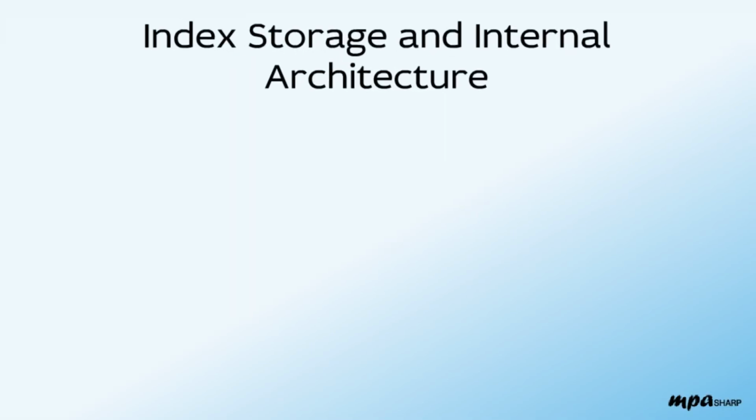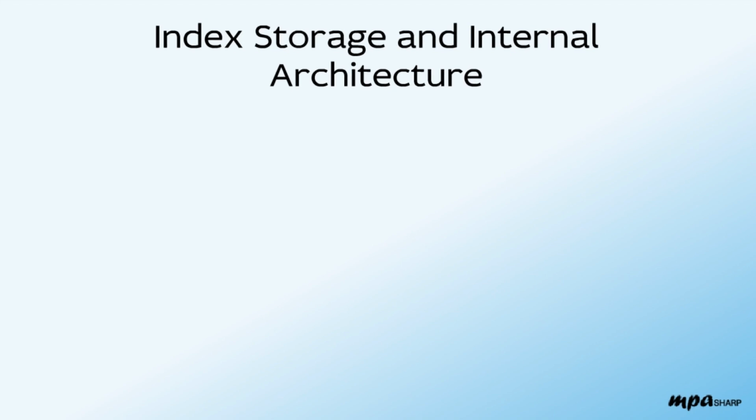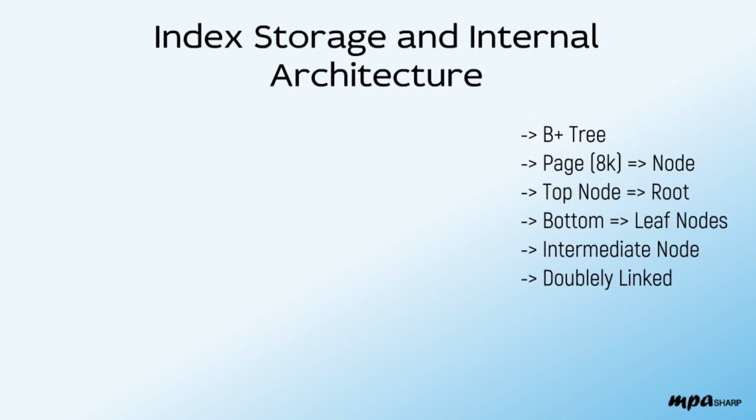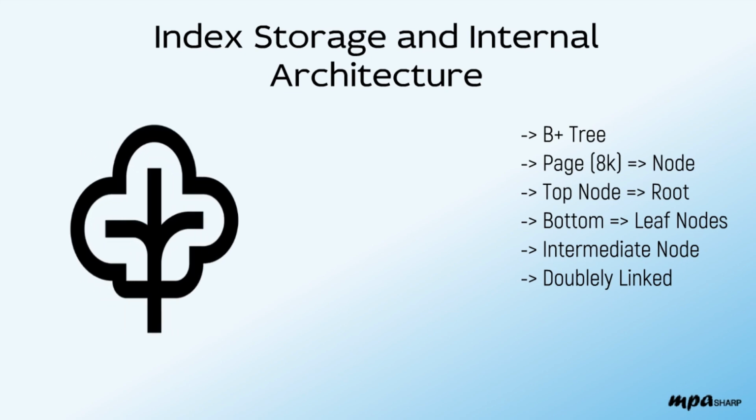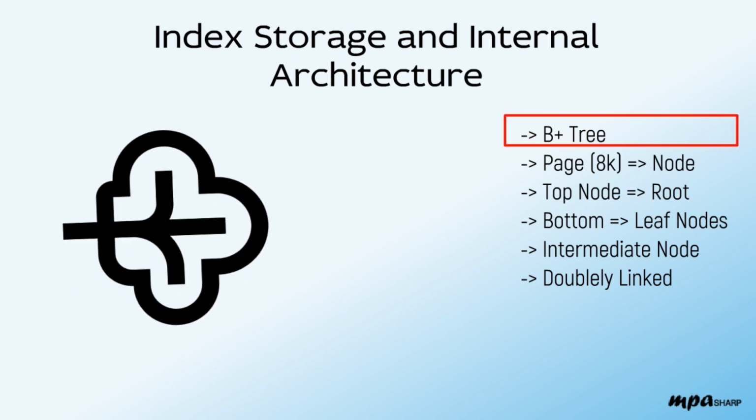Next, let's take a look at the index storage and architecture briefly. In this module, we are mainly focused on row store indexes. We will discuss column store indexes and their storage structure in a separate module. Row store indexes are organized into a data structure called a B tree.